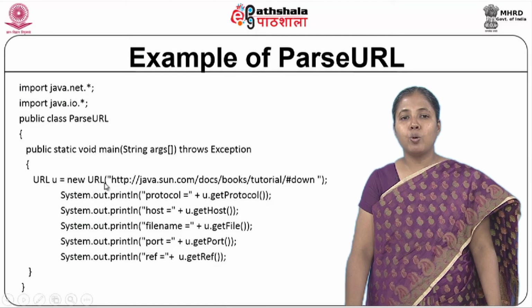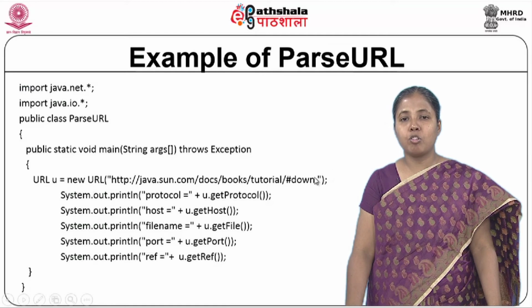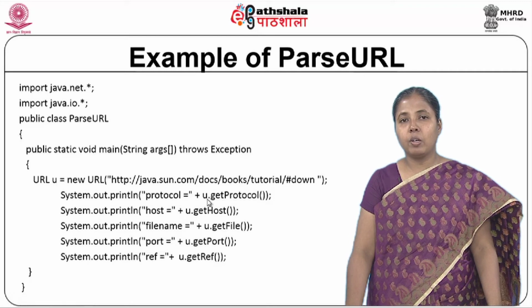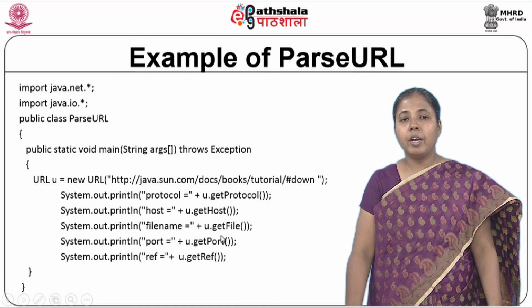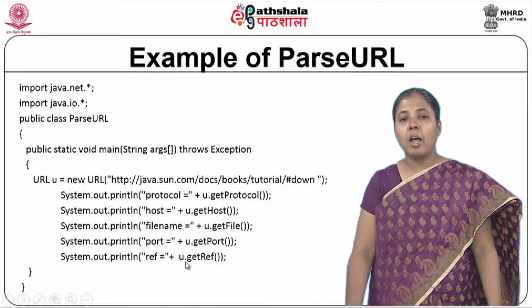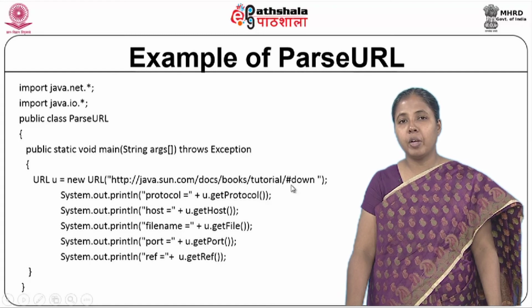First you create a URL object giving the entire URL specified as a string, and then you use the URL object's instance methods. Use the URL object dot getProtocol to retrieve the protocol as HTTP, use the getHost method to retrieve java.sun.com as the host name, getFile would retrieve the path of the file, getPort would retrieve the port number if specified in the URL, and getRef would return the reference within the web page, denoted by a hash symbol.